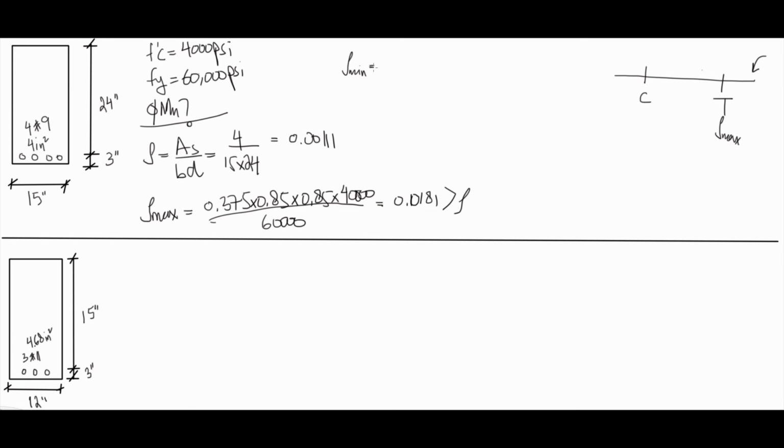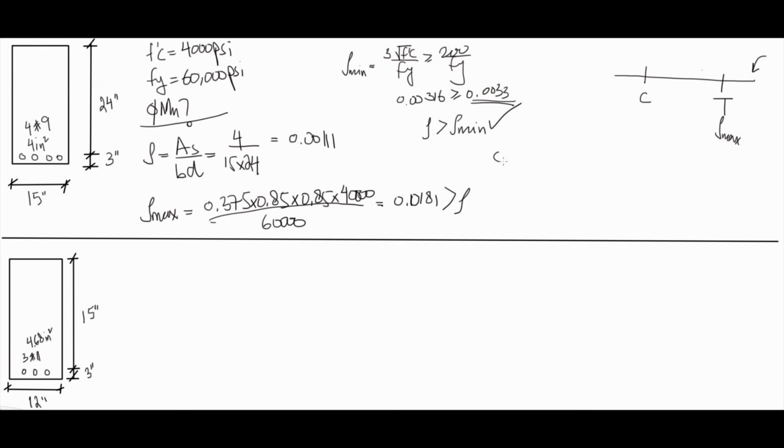Rho minimum, from the previous slides, is 3 times the square root of fc prime over fy, and it should be greater than or equal to 200 divided by fy. If you do the math quickly, you will get 0.00316 versus 0.0033. You'll choose the bigger of these two, so it's this one. So rho is greater than rho minimum. So we are in tension. So the beam is ductile and we're in the tension zone, which is the desirable zone.